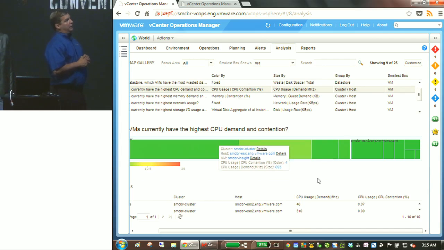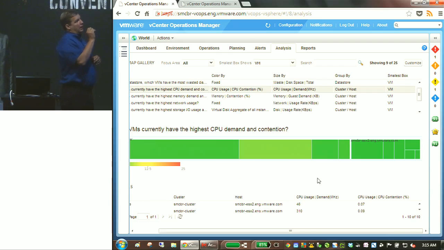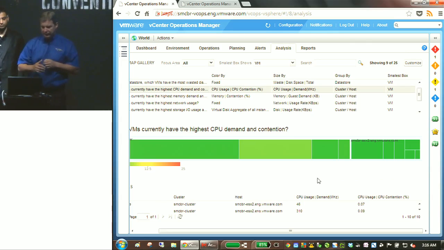In this particular case, imagine that the box is not light green like that, but a much more red. What would happen is I would see that the Suite VM is generating I/O, the Insight VM is generating I/O, but Insight VM is suffering a lot of latency.